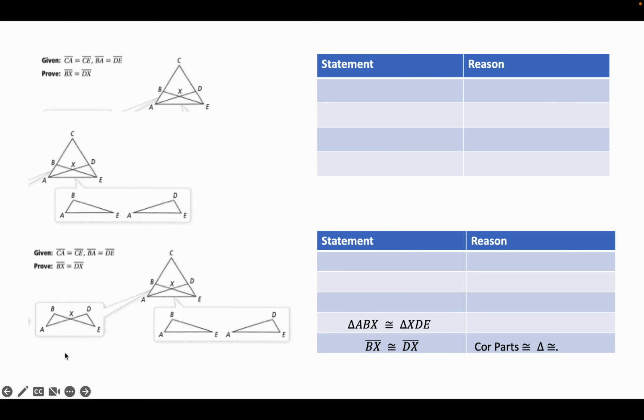How can I do that? First of all, I've been told that AB is congruent to DE. Beyond that, the only thing I can see is that angle BXA would be congruent to angle DXE. That would be done by vertical angles, but just knowing this angle and this side, angle-side, that's not a theorem. I need to know at least one more angle or side in order to make this work.